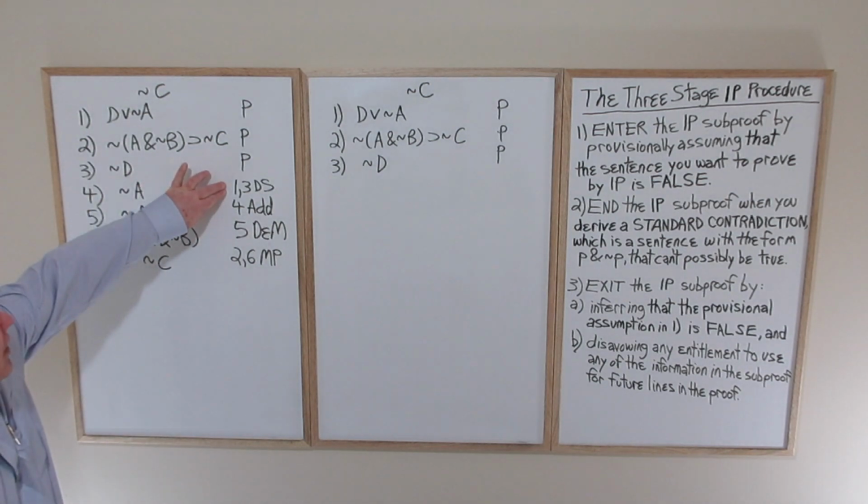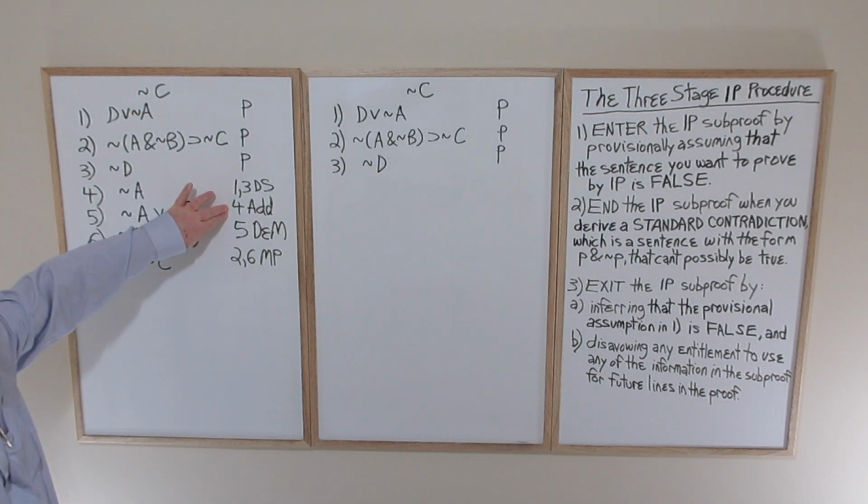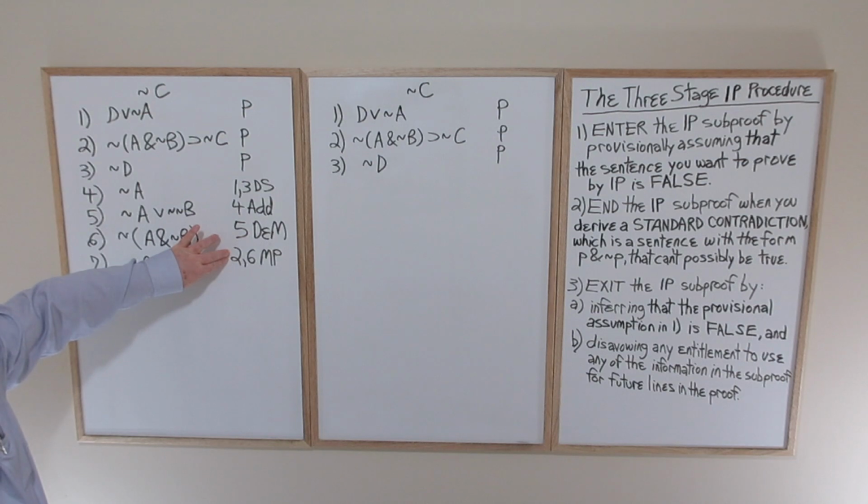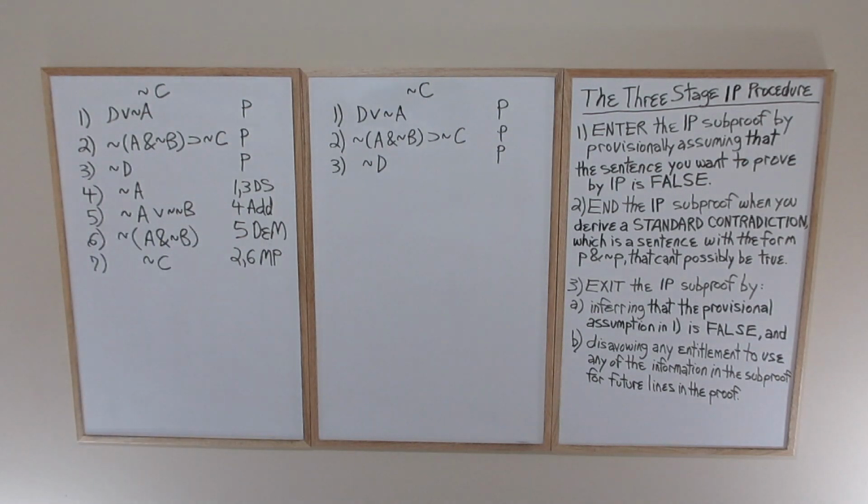In the proof, we did a disjunctive syllogism, an addition, a modus ponens, 3 basic rules, and a De Morgan's step. So a little bit of figuring out, a little bit of familiarity with the rules is required to do the right addition, but other than that, a fairly straightforward proof.